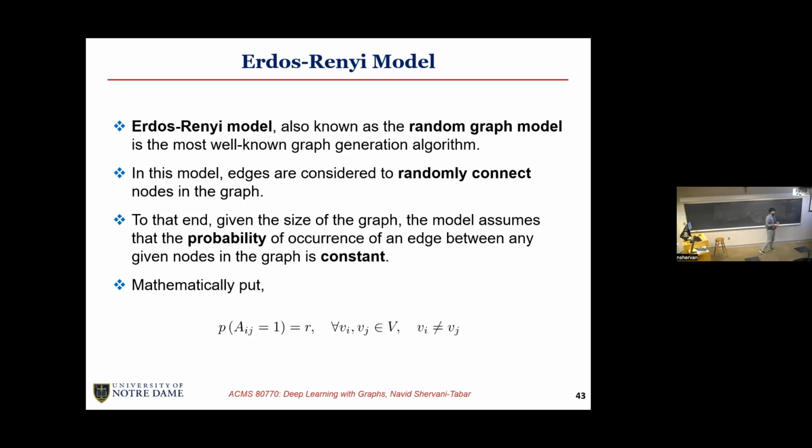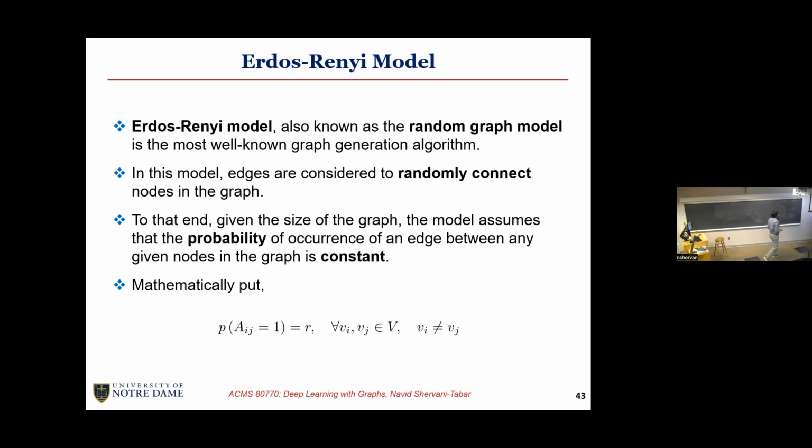So essentially, edges are randomly placed throughout the graph. What that means is that there is a constant probability with which we select if there is an edge between a given pair of nodes or if there is no edge between them.